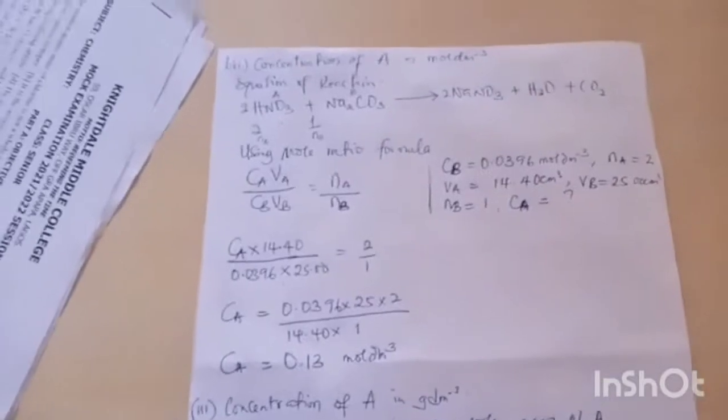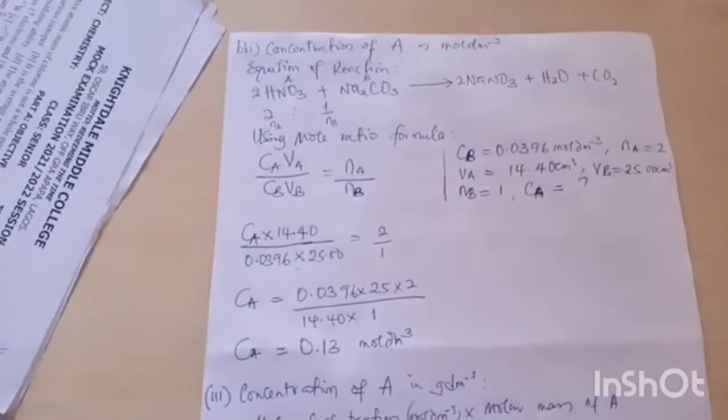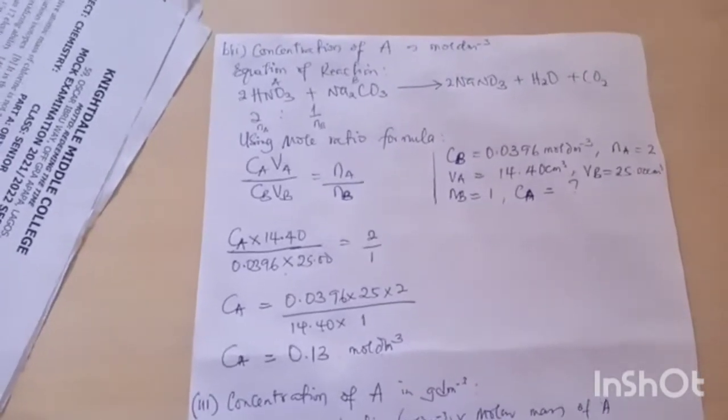And then the next question says that we should calculate the concentration of A in mol/dm³. For us to do that, we have to write the balanced equation of the reaction. From that equation, the mole ratio of the acid to the base is 2:1.